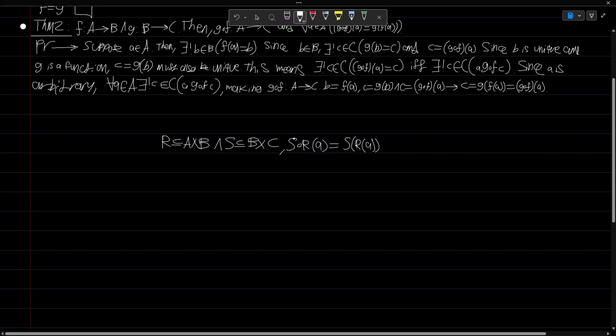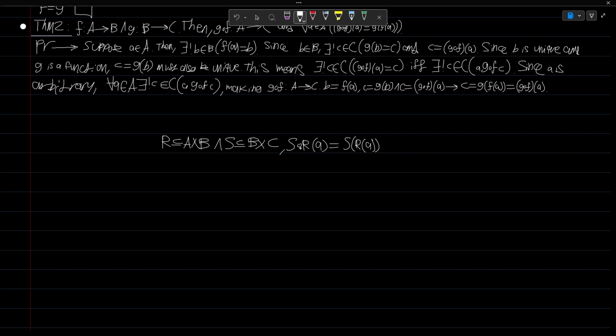The composition is s and then r because if s and r are functions, then we can rewrite the composition as s of r of a, in which s is written before the r, and then the a. And it's also why I say s after r, since you do r and then s.